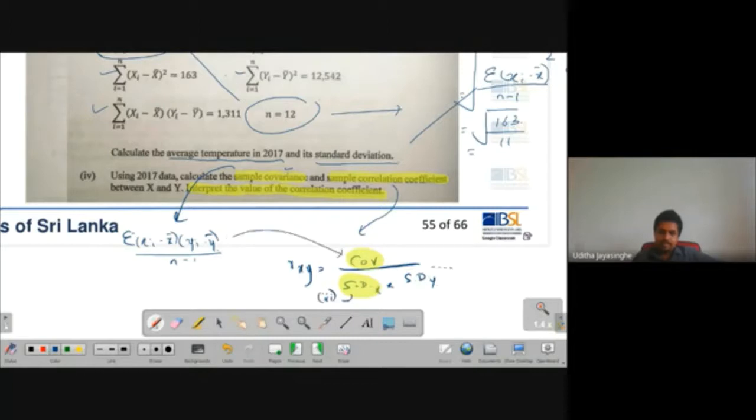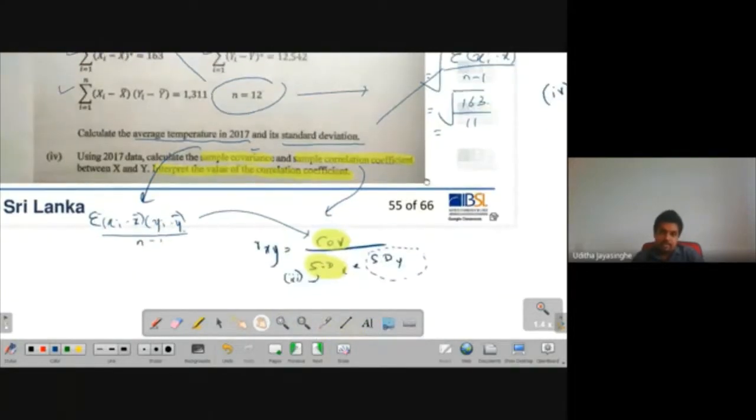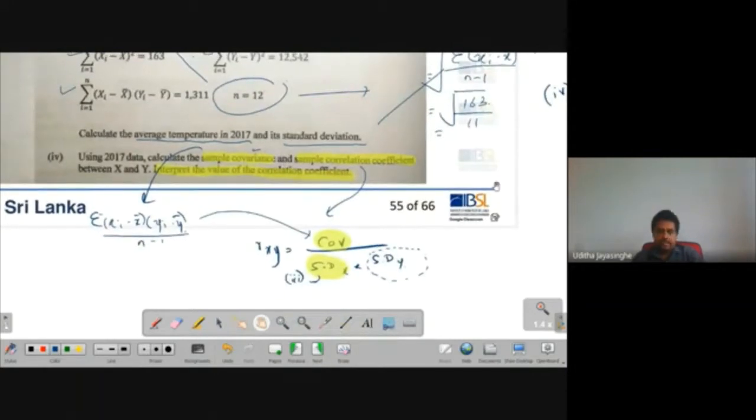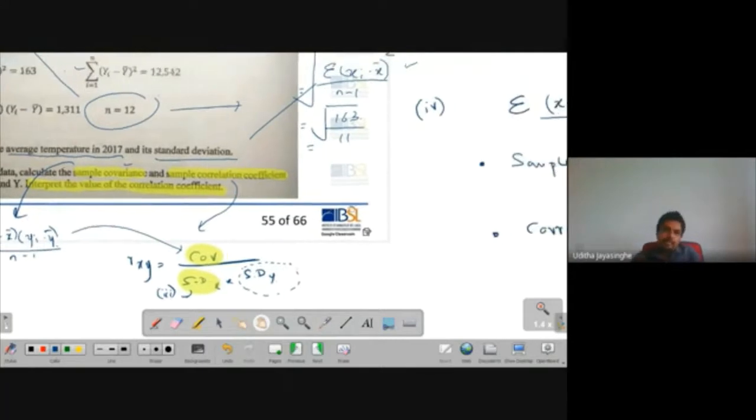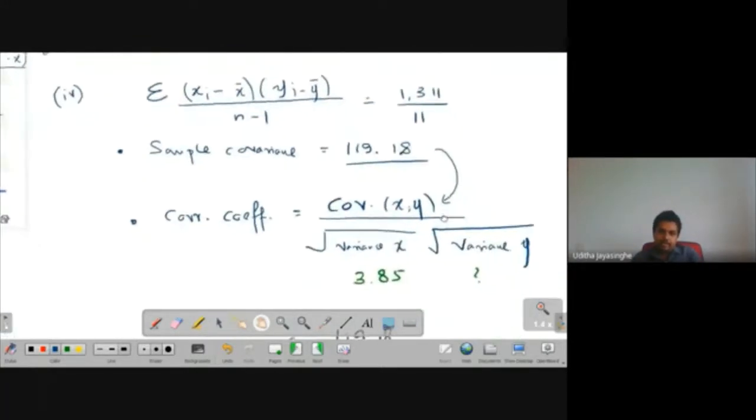The only missing piece is the standard deviation of y, so this is faster. For the other method, you have to do a lot of work to compute sigma x, sigma x square, sigma y square. Those are not given. So this is the only practical method to calculate the correlation coefficient here. Let me quickly share the answers and show you how I derived it.